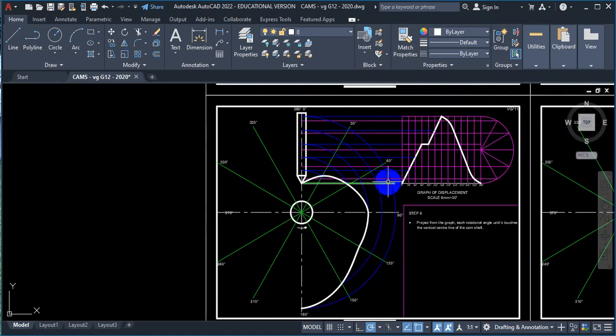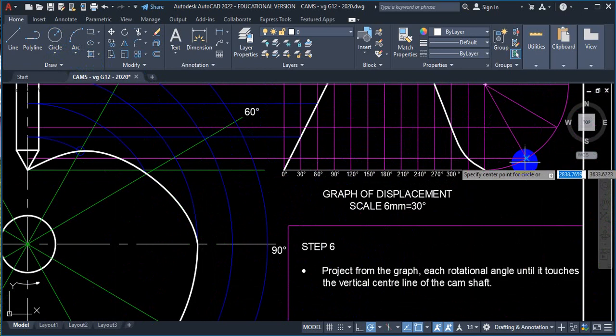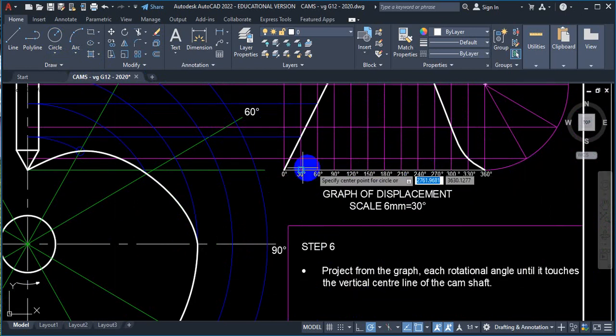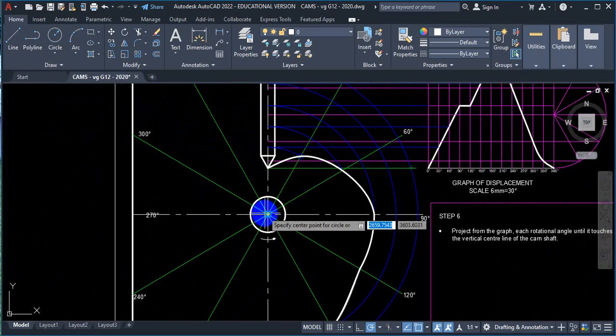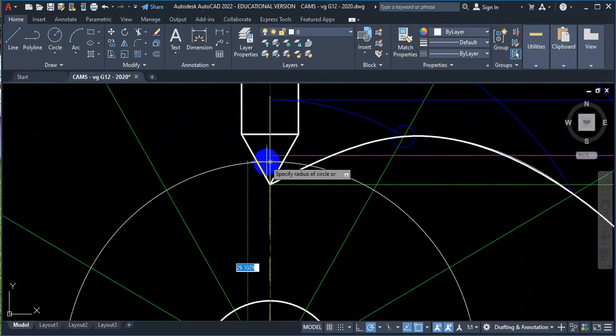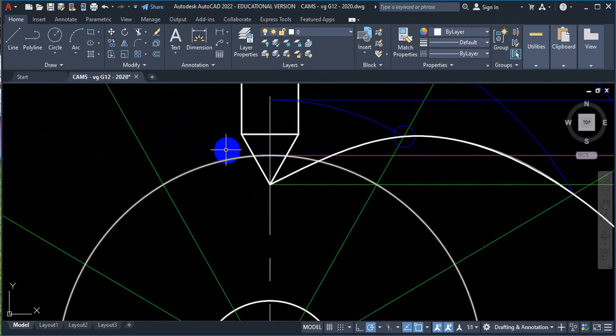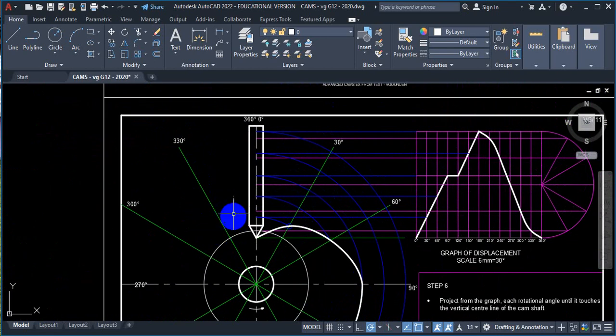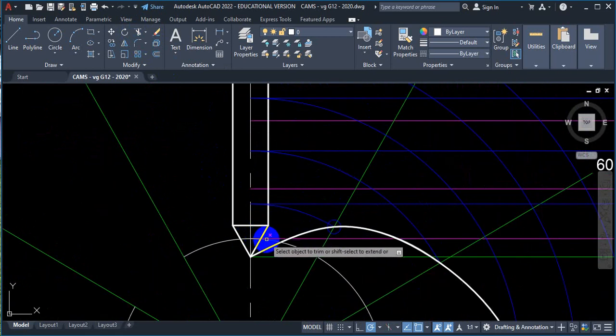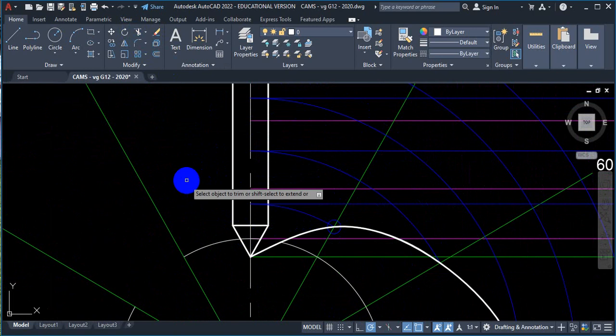Then now, like I said, I'm going to take these points and do the same thing. Let's start with the first one here, which would have been 330. So this 330 goes to this 330, and it must stop here. Let us move this so that we know exactly where it stops.